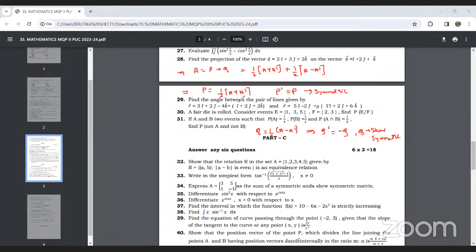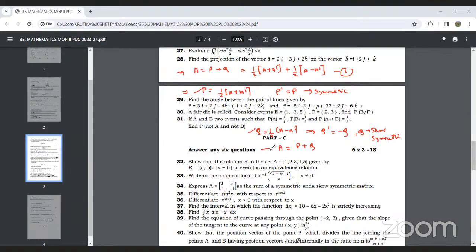And then finally, we need to substitute these P and Q values in equation 1 and show that the sum P plus Q is equal to A. That is the last step. So first, by using this formula, obtain P and show P is symmetric, then obtain Q and show Q dash is equal to minus Q, which verifies that Q is skew symmetric.